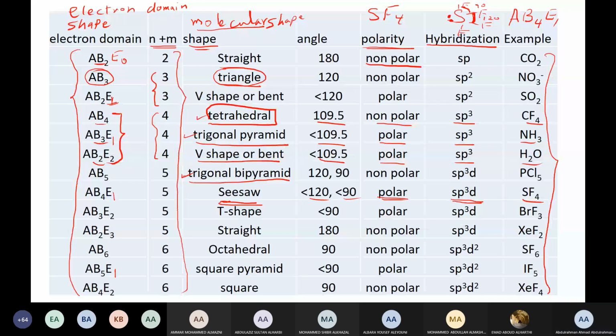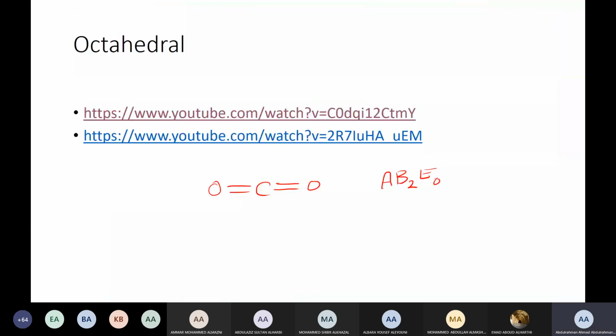But if I have COS, then this is still the electron domain AB2E0. But is this polar or non-polar? Polar. The first one is non-polar, and this one is polar. Why the second?